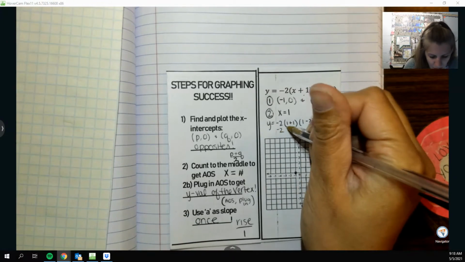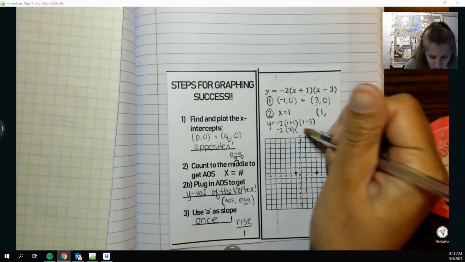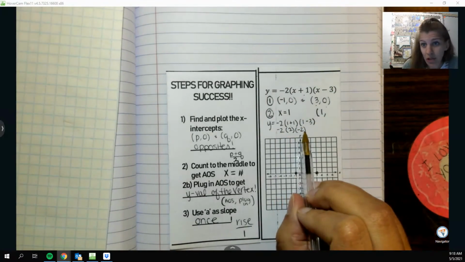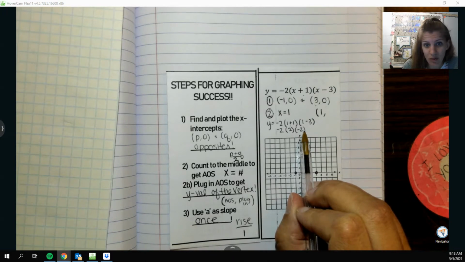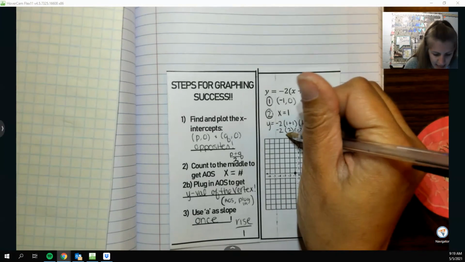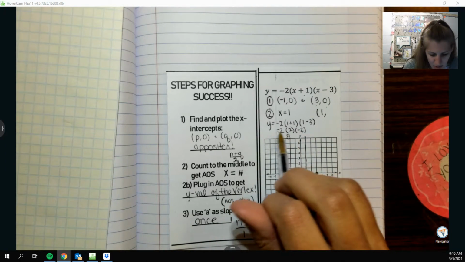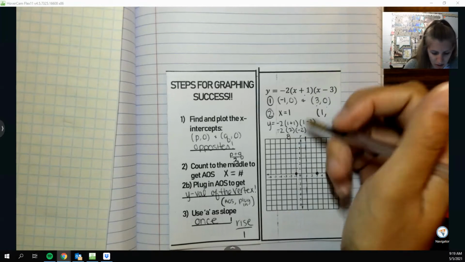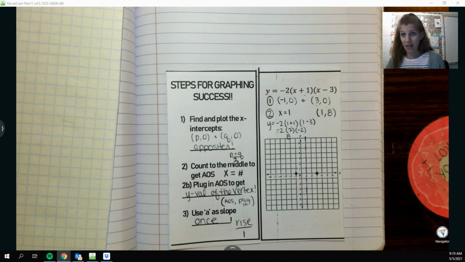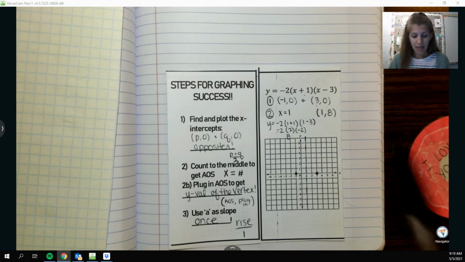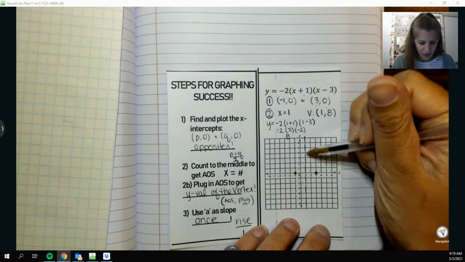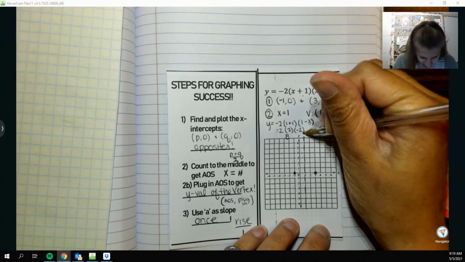So 1 plus 1 is 2, and then 1 minus 3 is -2. And all these numbers are just smashed together, so they're all just being multiplied. So like 2 times 2 times 2 is 8. And it is positive because we have 2 negatives, so they cancel each other out. So the y value here is 8. Oh my word, that's not going to fit on this graph very well.